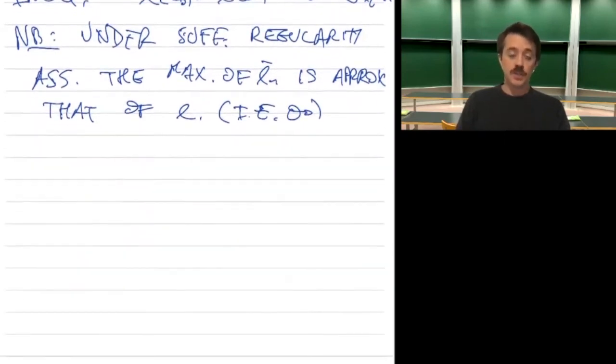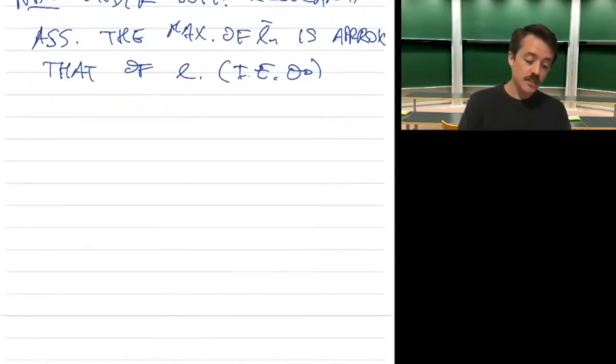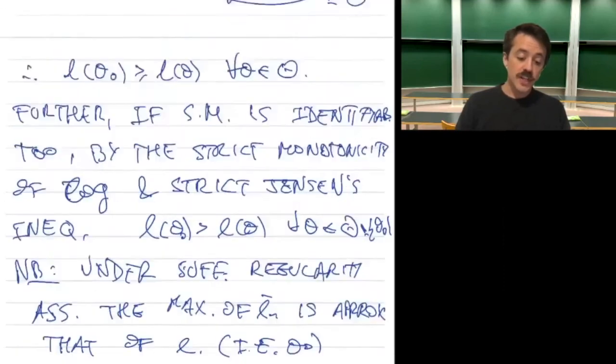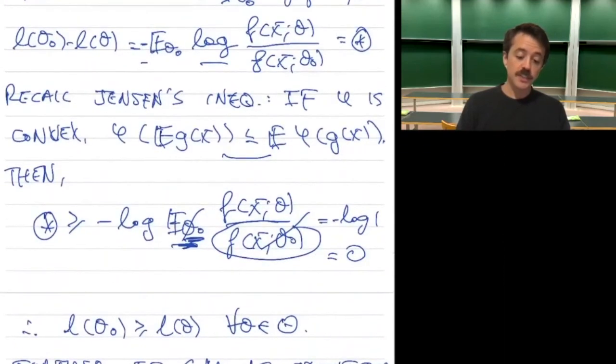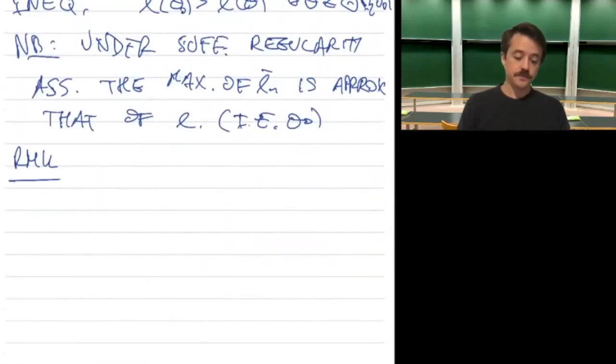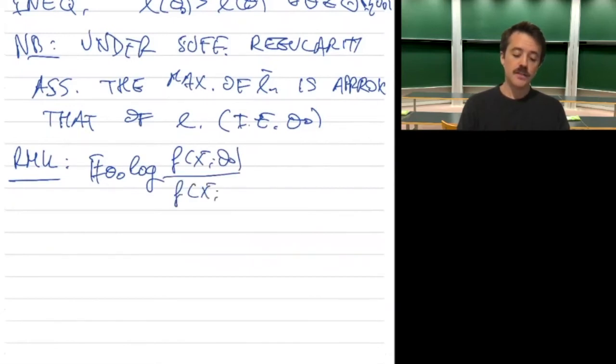Well, yes, we can do that through information theory. So the quantity that we're looking at is this expectation under theta naught of the log of f(x, theta naught) divided by this guy, which is, I remind you, simply the difference of these two guys.